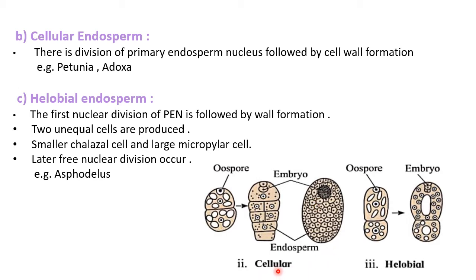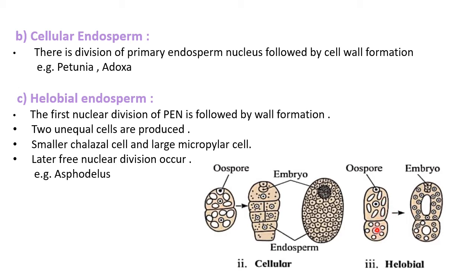The next type of endosperm is called helobial endosperm. The diagram shows that the first nuclear division of primary endosperm nucleus occurs with the formation of two unequal cells.